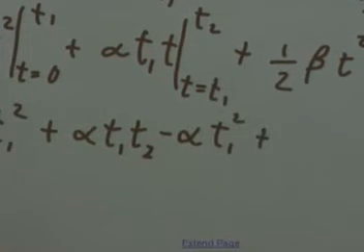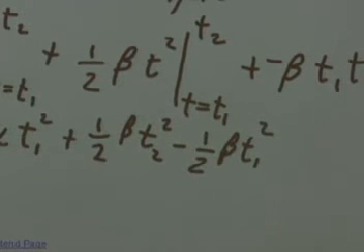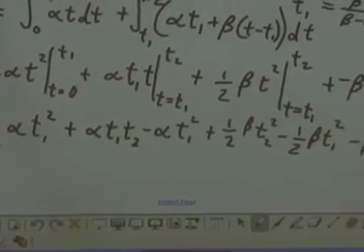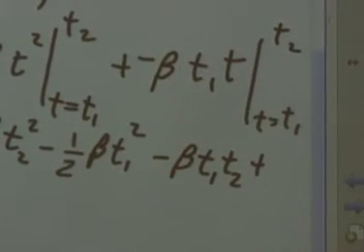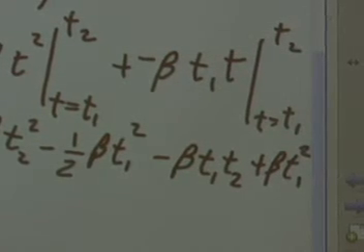The next part here will give us 1/2 beta t2 squared minus 1/2 beta t1 squared. And the final terms will be minus beta t1 t2 and plus beta t1 squared. All right.